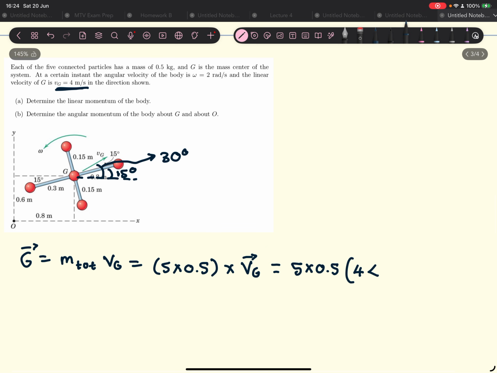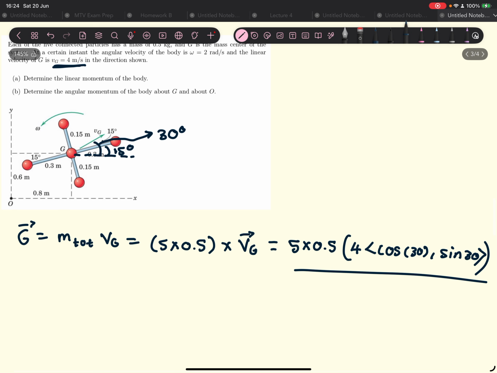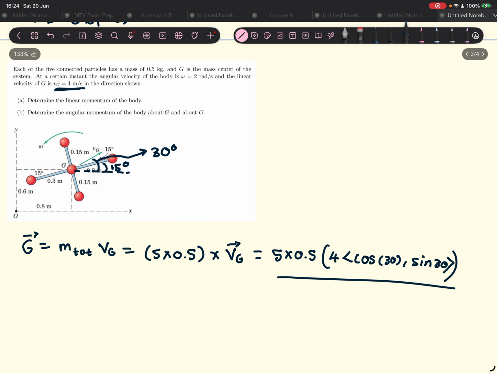So it's going to be cos 30 and then sine 30. And then that will give you the linear momentum for this question over here. Cool. Hope that makes sense.